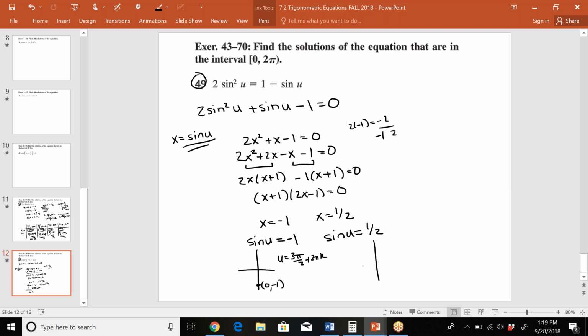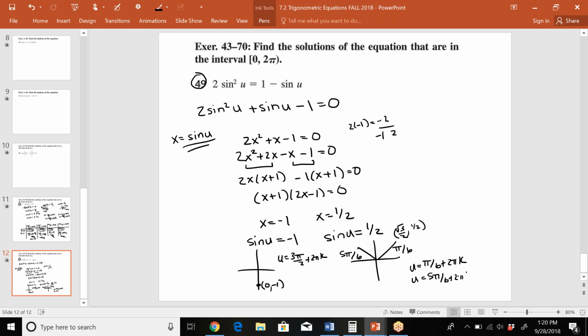And then for this one, sine is positive in quads 1 and 2. So this is going to be a sine value where the y is 1/2 and the x is square root of 3 over 2. That's pi over 6. And that means that this would be 5 pi over 6. So we have u equals pi over 6 plus 2 pi k, and u equals 5 pi over 6 plus 2 pi k.